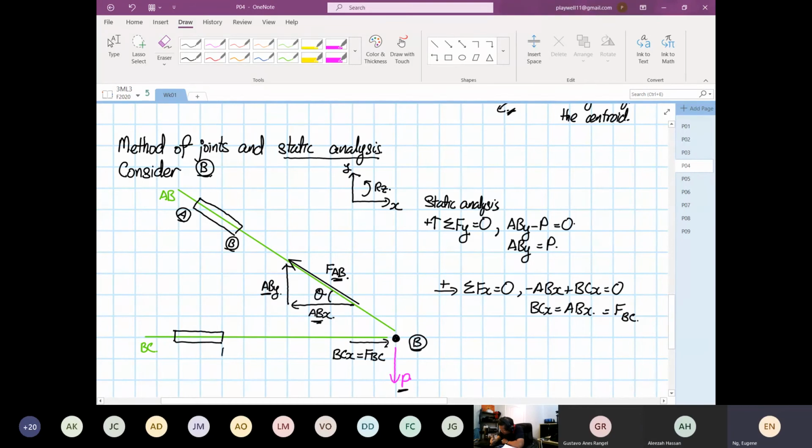So this is your BC. So to look at the structure now, the members now, to find out if the members are under tensile or compression, hold on, let me change mode.